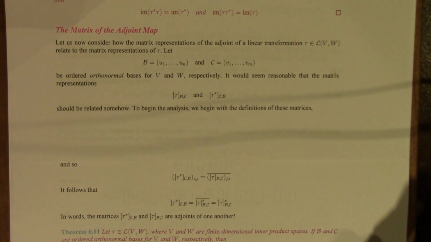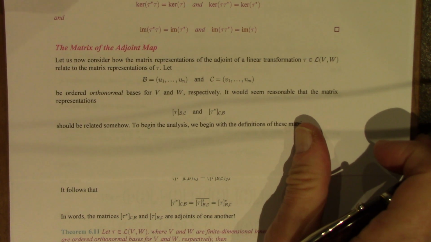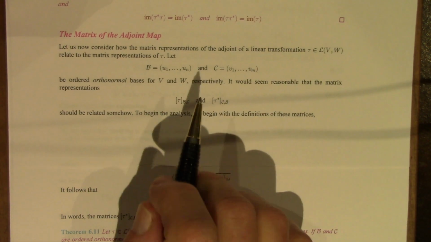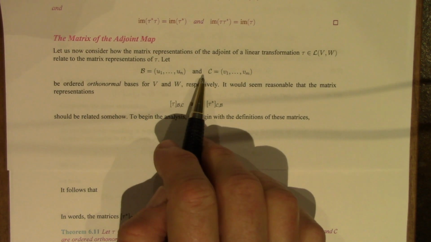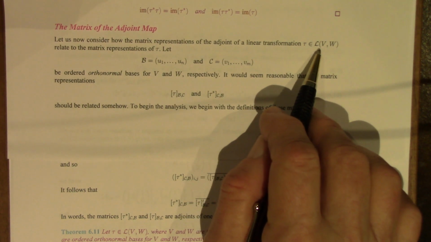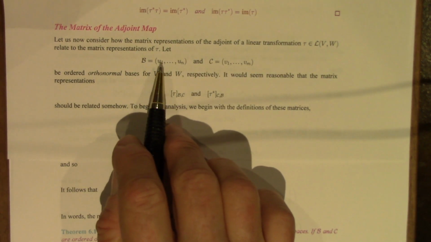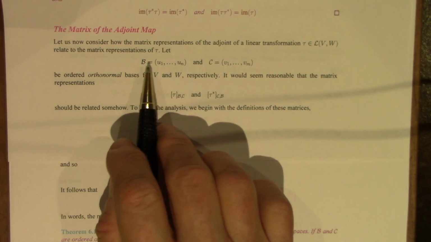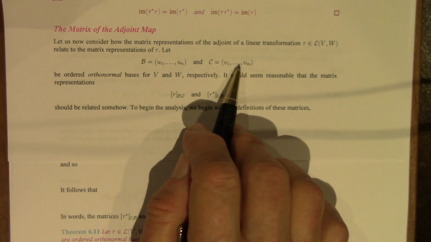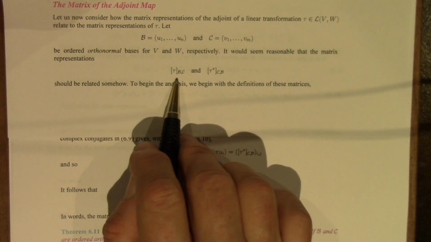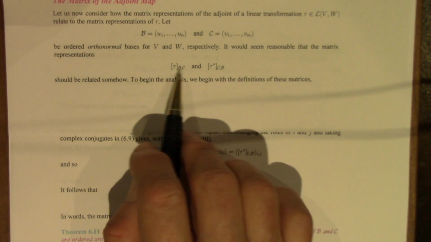I had to rewrite this proof several times to get it as transparent as possible. It can be a bit ugly, this particular proof, but I think you'll find this okay. So we have a tau mapping V to W. We take an ordered orthonormal basis for each, one for V, one for W. And we want to make the connection between these two matrices.